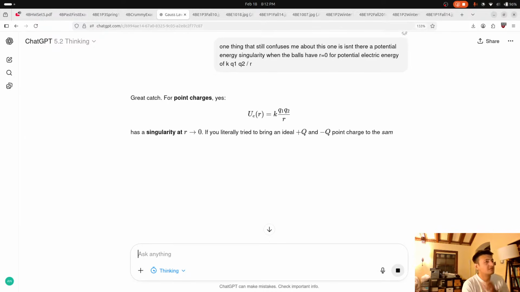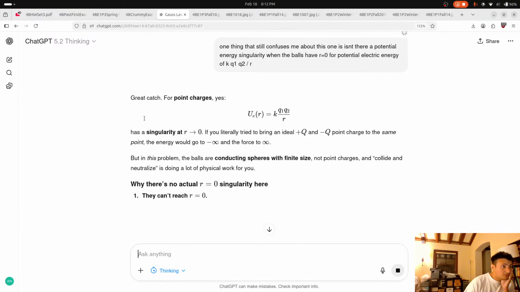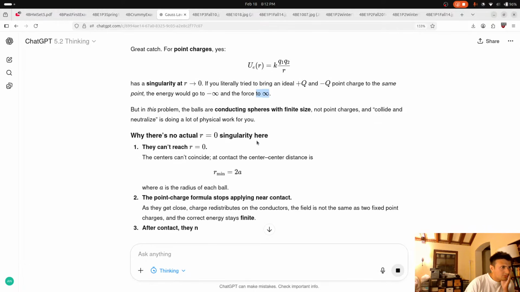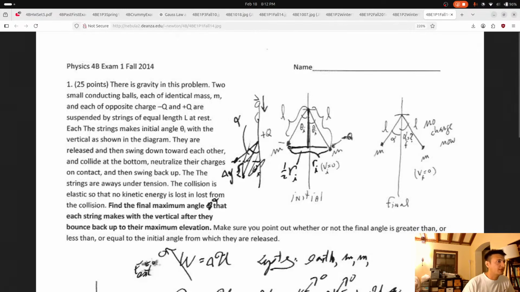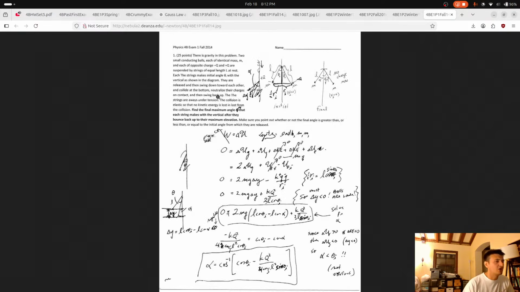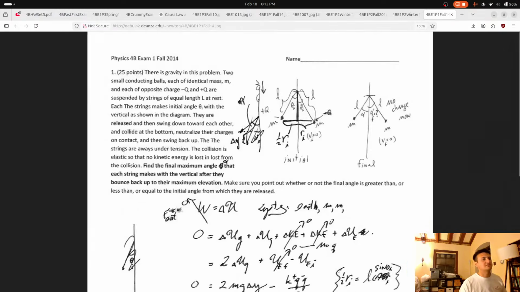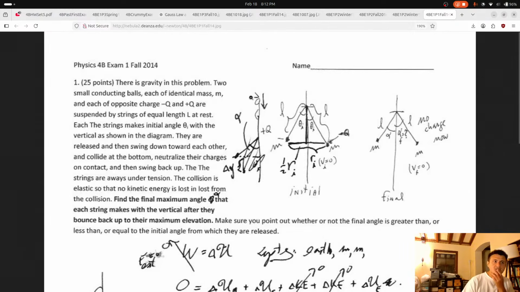Because like they do. If you literally try to bring, oh, but I don't think that there is a radius on these balls. But presumably, okay, they're small, but they have some radius, so it doesn't really hit there. But when they hit, okay.